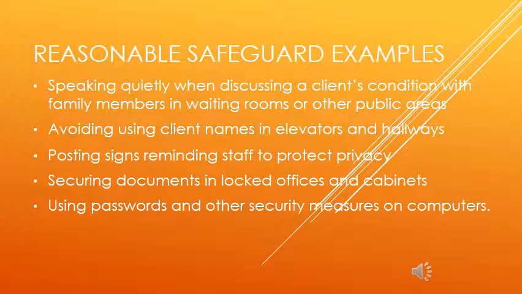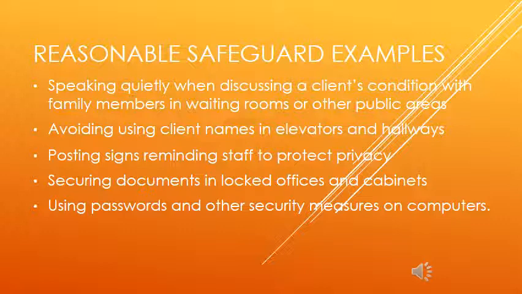Some examples of the reasonable safeguard standard are, first, we want to make sure that we set up our rooms so that our voices cannot be overheard outside of the room. That includes individuals who are sitting in the waiting area. We want to make sure that they cannot hear information from the session.